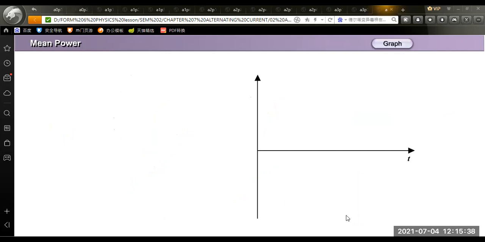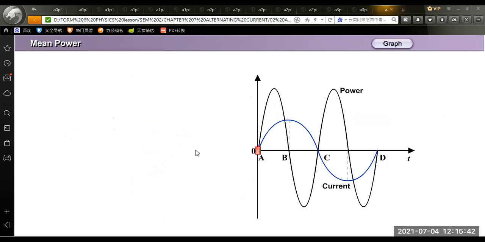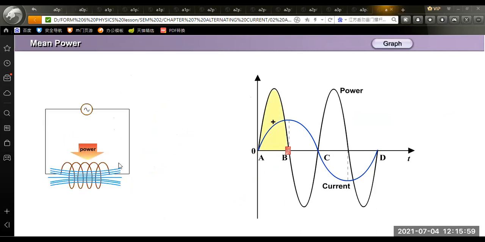Let's look at the graph. The graph shows A to B, B to C, C to D, with the current and the power. When we move, what happens?